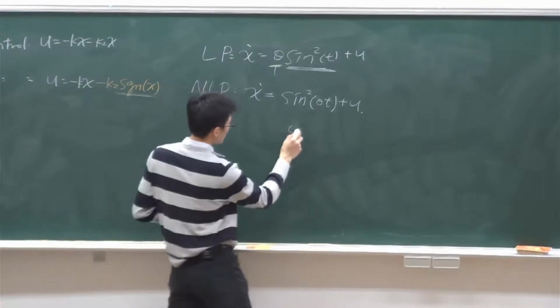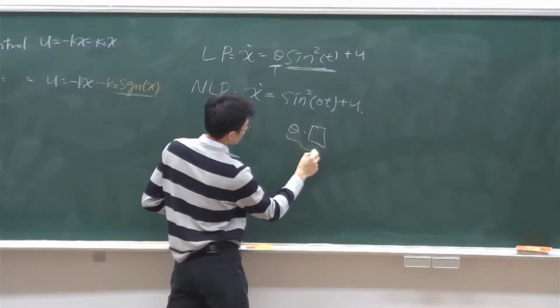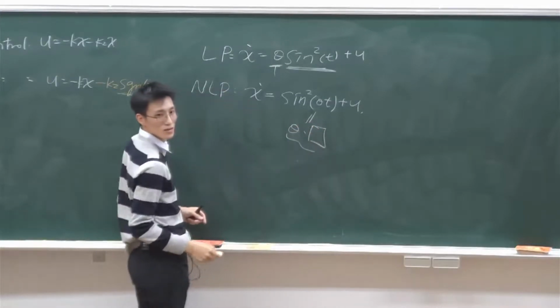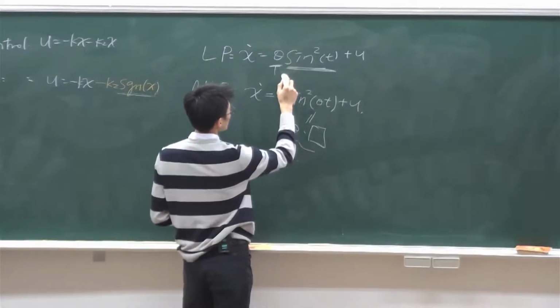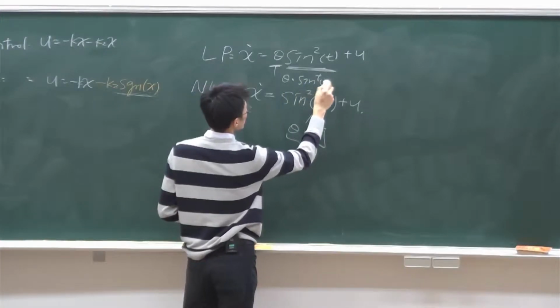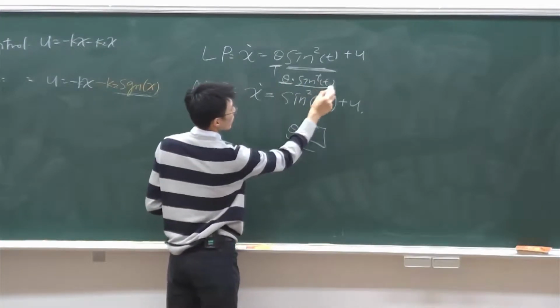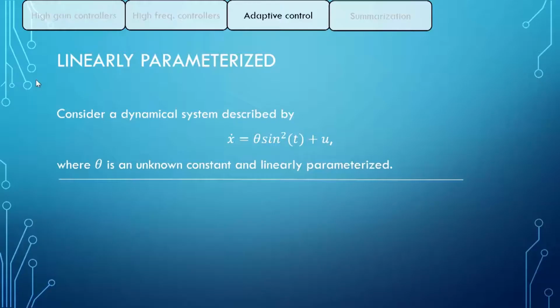Can you put theta times something that equals this? No. But in this one you can: theta times sine T squared, unknown and known. But you cannot do this. That's the reason why this condition is required. You will understand in the next few slides.